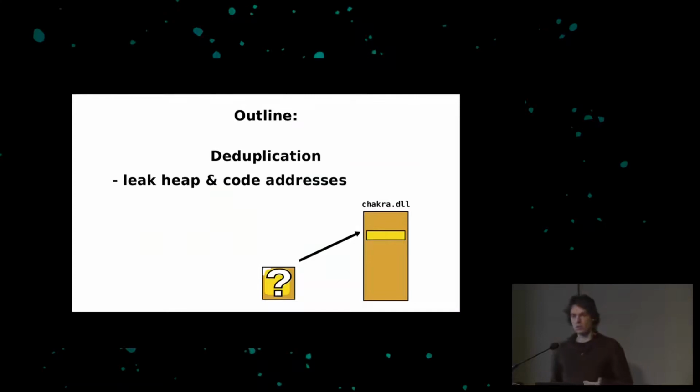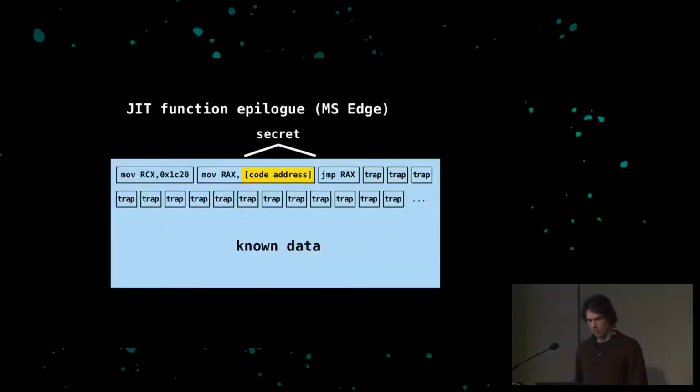The first of these two primitives, the alignment probing, is what we're going to use to leak the code address in this case. And we're going to make use of Microsoft Edge's JIT compiler. Every modern browser has a JIT compiler compiling JavaScript to native code.